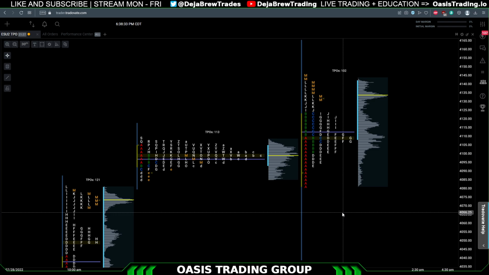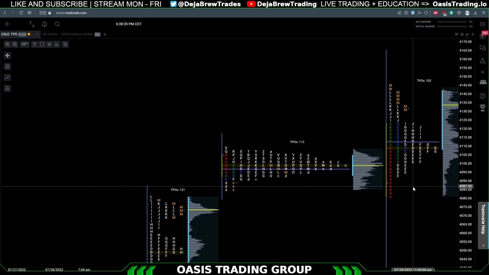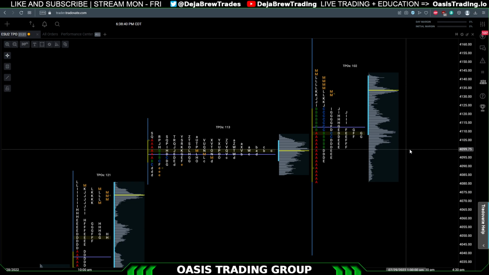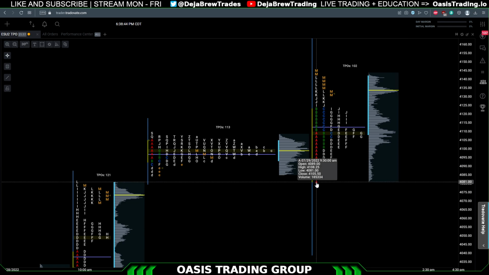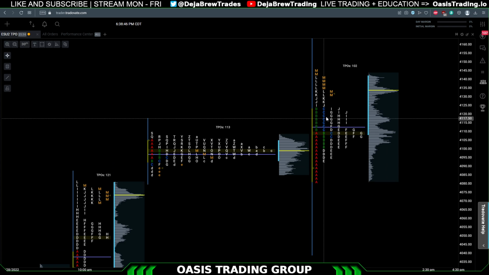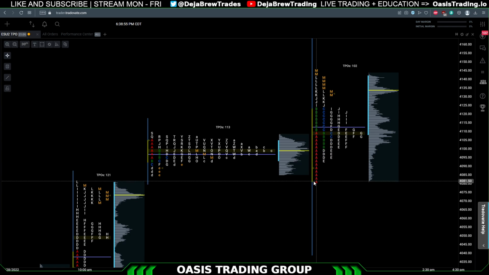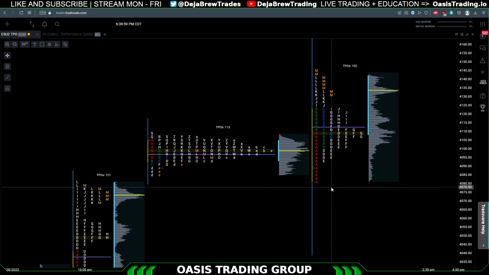Okay, going back to the initial balance, the next trade setup would be the initial balance extension, okay? How you find these initial balance extension levels is you take the lowest point of the initial balance, the highest point of the initial balance, and you see how wide that is point-wise, okay? So in this case, we have 41.23 down to 40.80. So it's about 40 points wide.